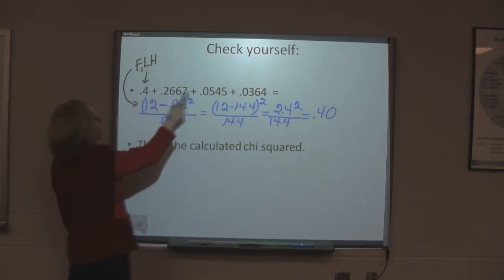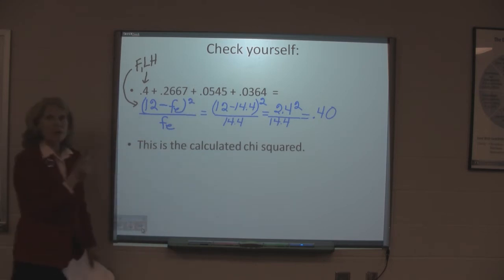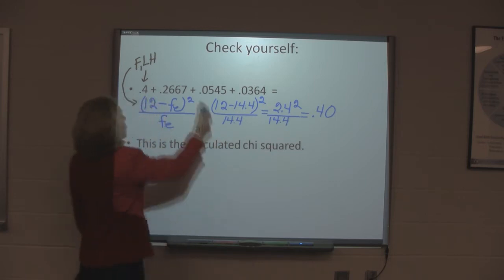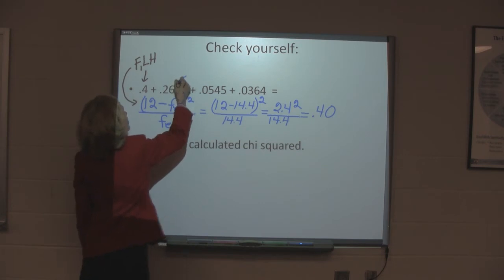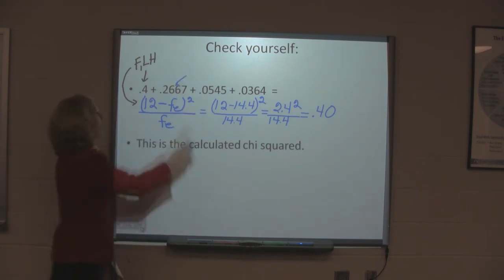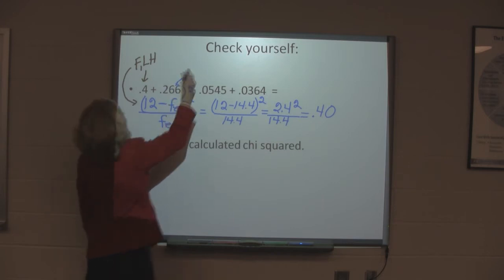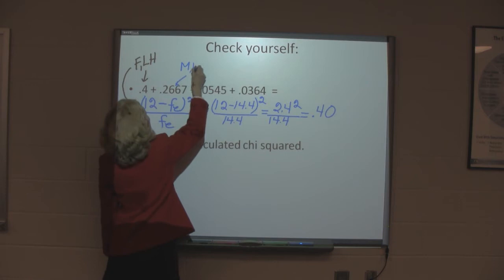You calculate each one of those quadrants the same way. But to get the total calculated chi-square, we need to do this for each quadrant or each cell. So for example, the second one. Now this would be the percentage of males in the sample who are left-handed. So this is males left-handed.